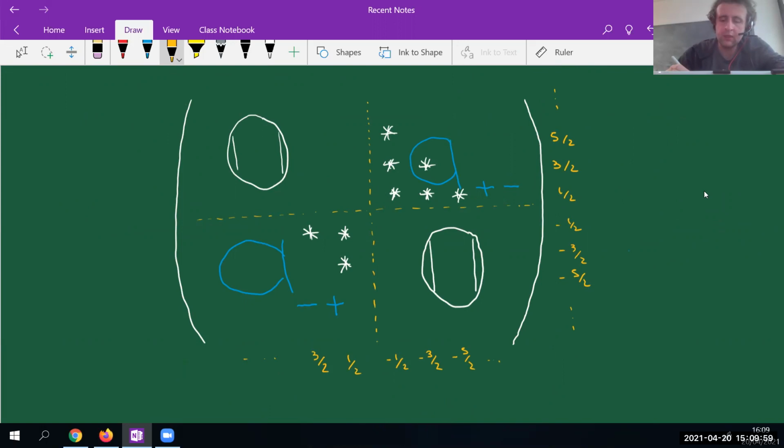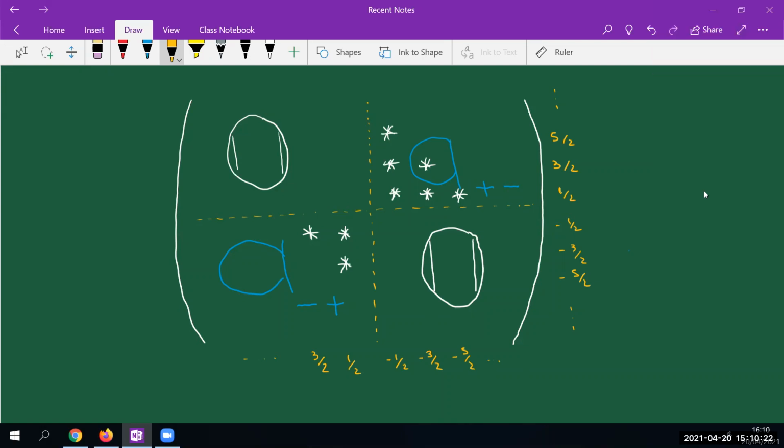So this 1/2, 3/2, 5/2 corresponds to first modes of the space H plus. And here we have minus 1/2, minus 3/2, minus 5/2, and so on. So this goes all the way down to minus infinity.